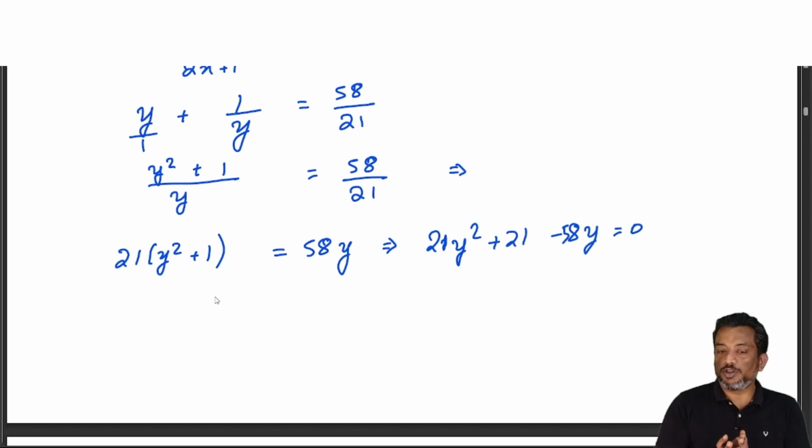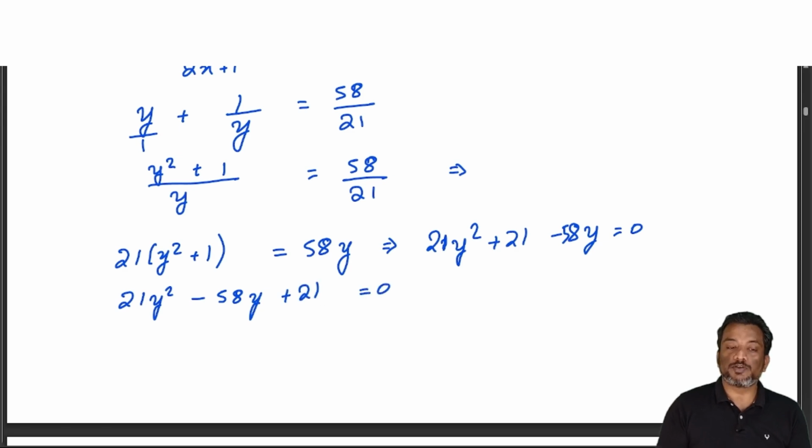Now based on the coefficient of y square and the constant term, your coefficient of y square is 21 and the constant term is plus 21. Based on that you have to split the 58y. So here our equation is 21y square minus 58y plus 21 is equal to 0. You can take the coefficient of y square as well as the constant term, multiply 21 times 21, and based on that do the factorization, you get 441.